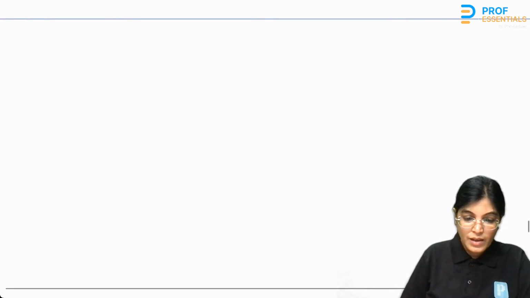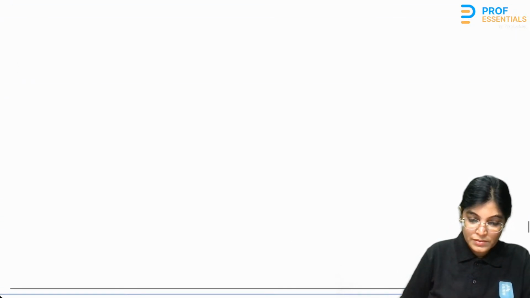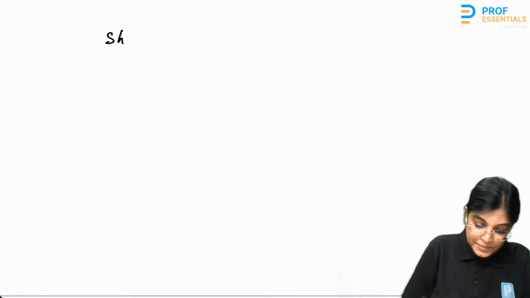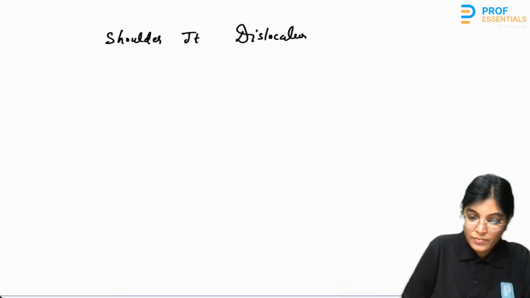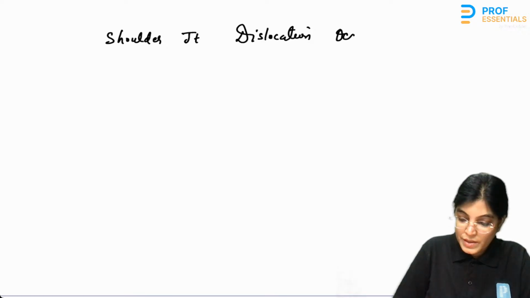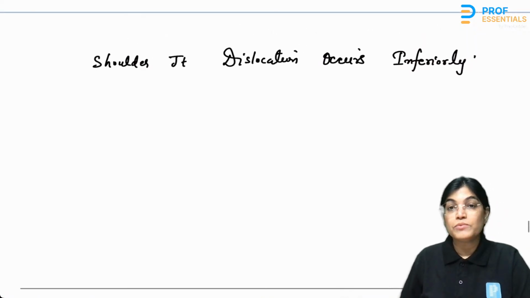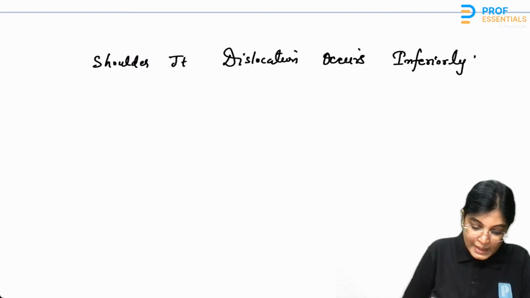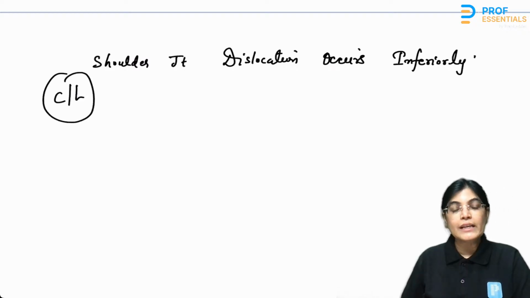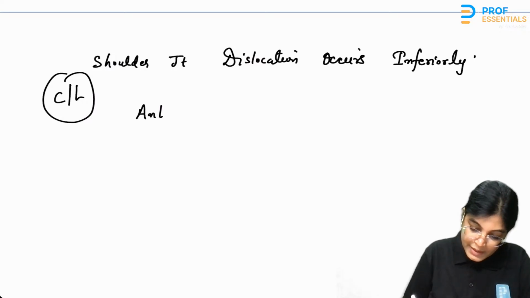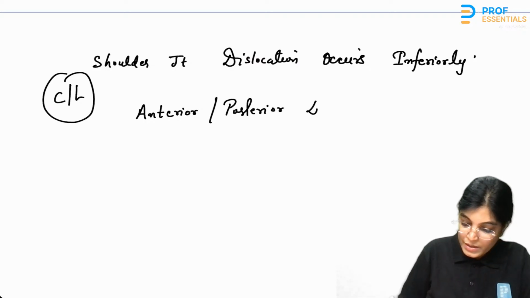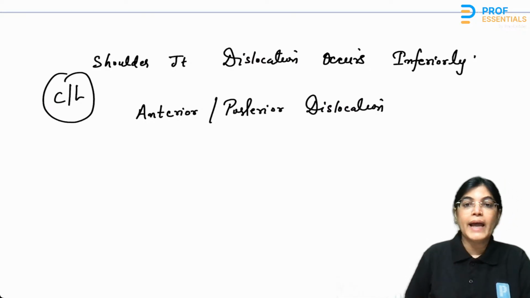Okay. So shoulder joint dislocation occurs inferiorly. Why inferiorly? Because it is inferiorly least supported, which is due to the attachment of the joint capsule. But in clinical conditions, if I talk about anterior and posterior dislocation, the description takes the anatomical landmark.